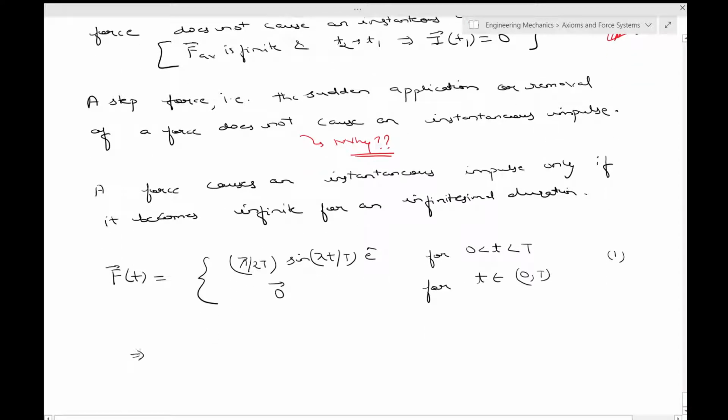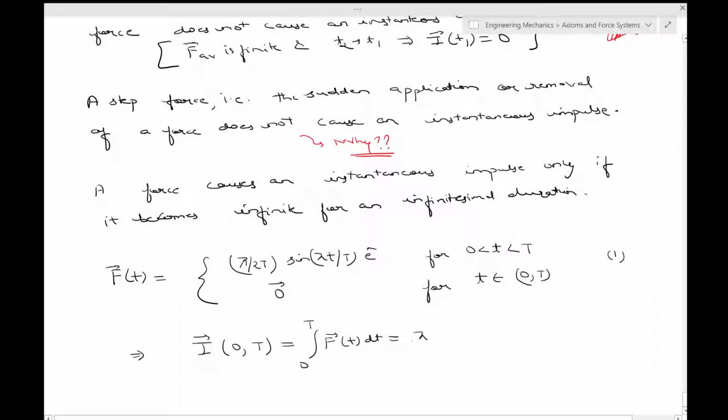This implies that I of 0 comma T is equal to the integral from 0 to T of F of t dt.